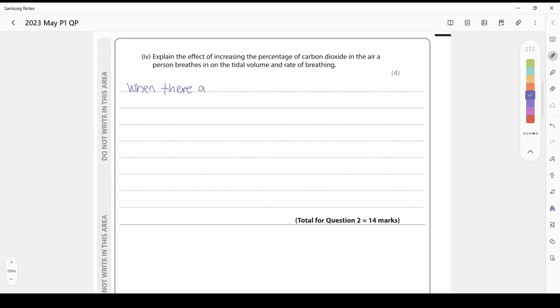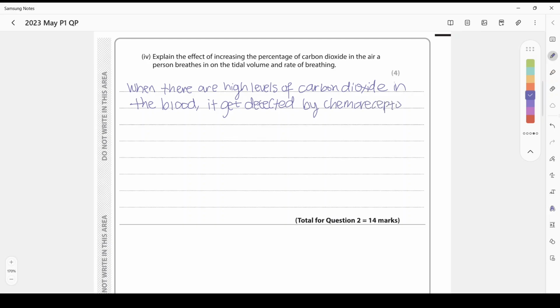When there are high levels of carbon dioxide in the blood, it gets detected by chemoreceptors in the medulla and arteries.